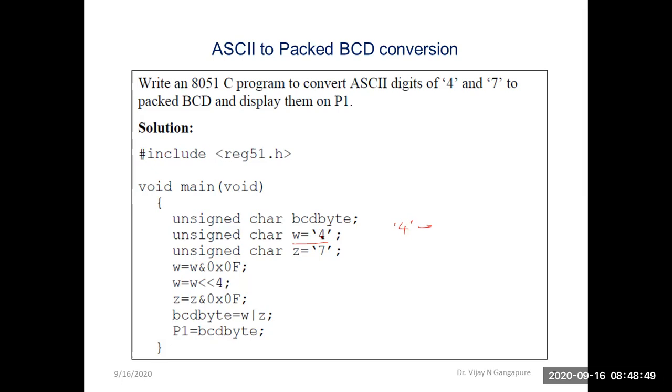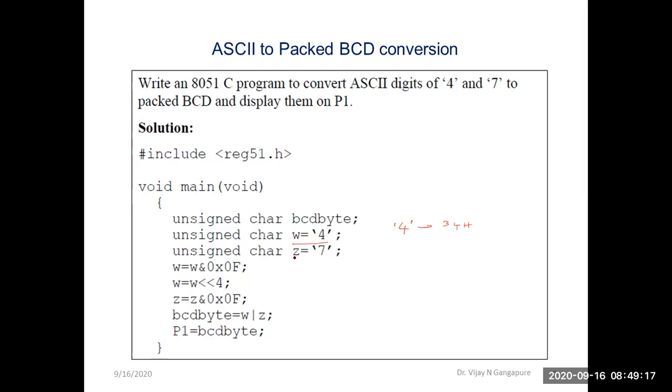So when we assign any character to the variable W, its ASCII code will get stored in W. That is, in W the ASCII code of 4, that is 34H in hexadecimal, will get stored.